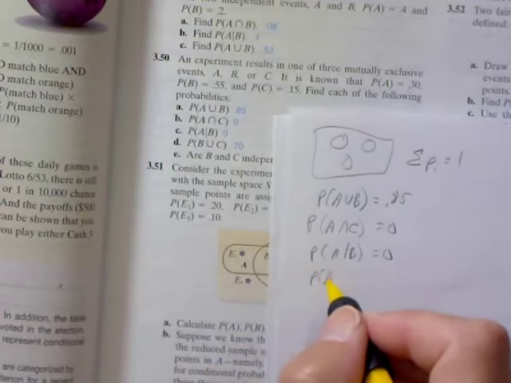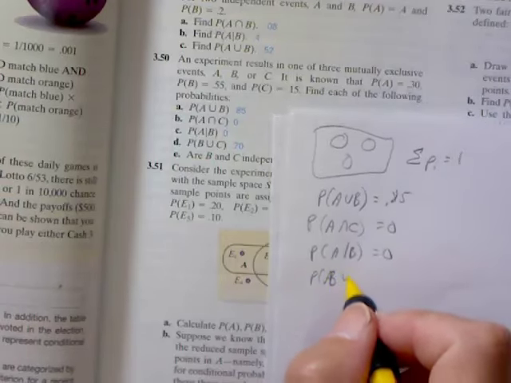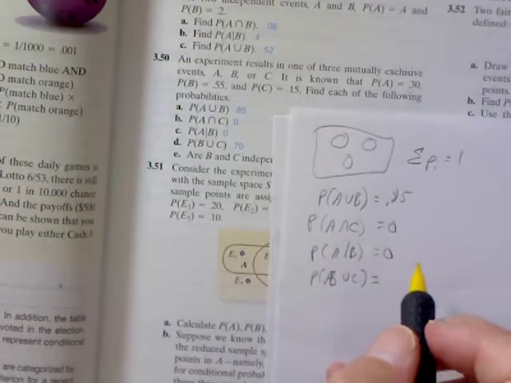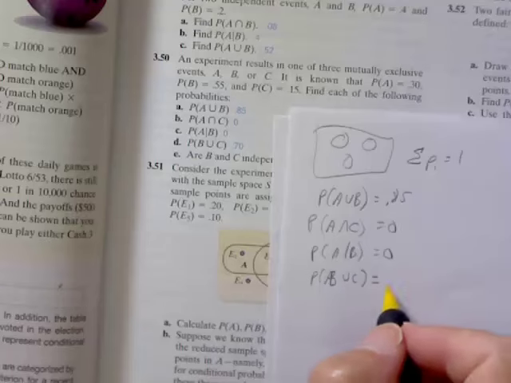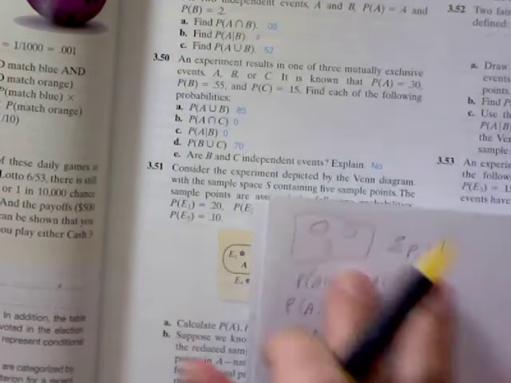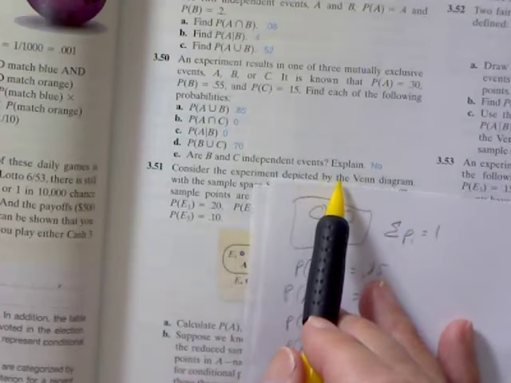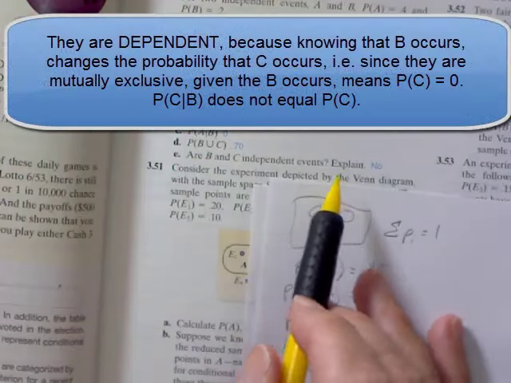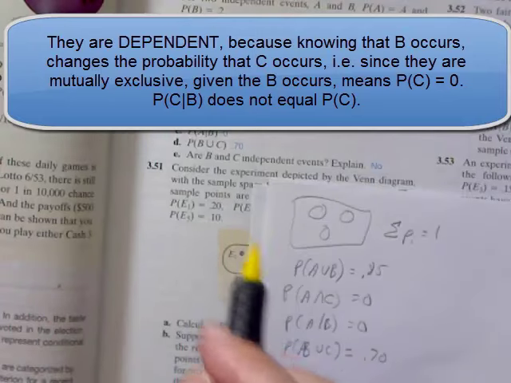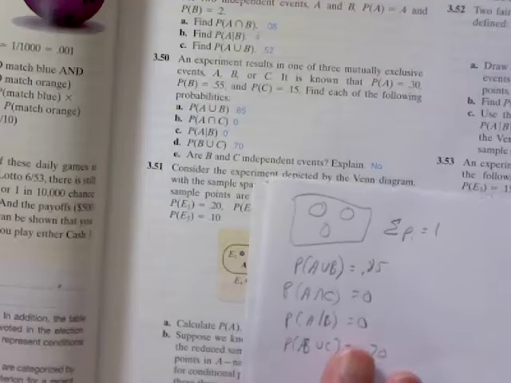And what's the probability of B or C? Well, you just add them together. That'd be 0.7. Are A, B, and C independent events? No, they're not. They're not independent. If you do the math on that, you will see that they are not independent events.